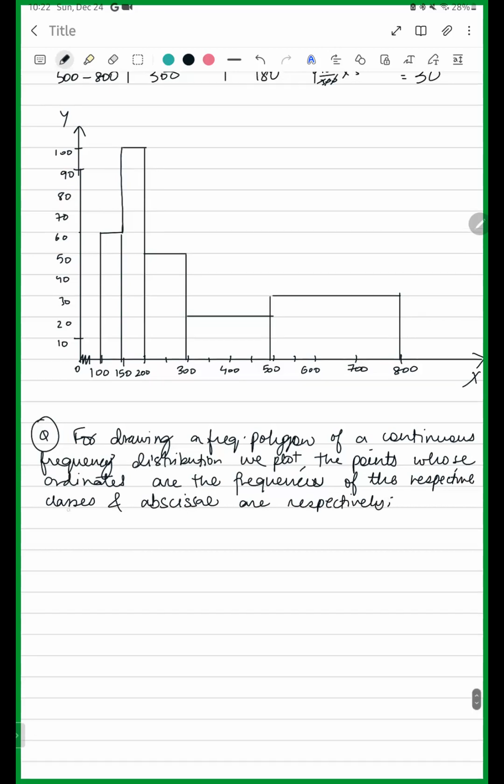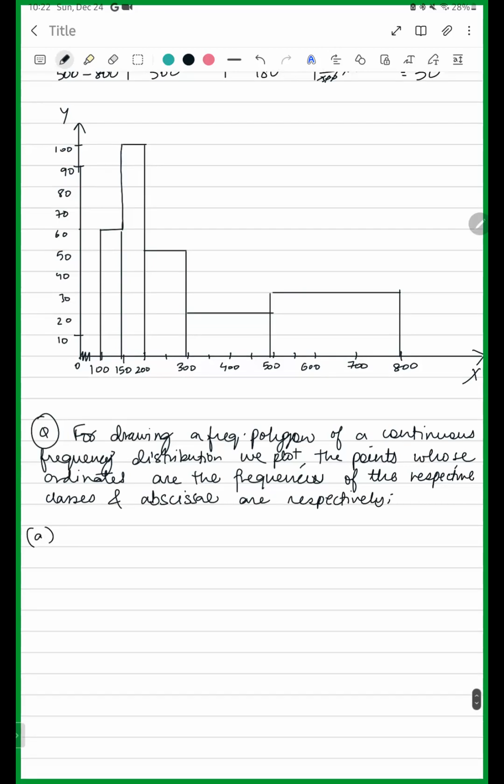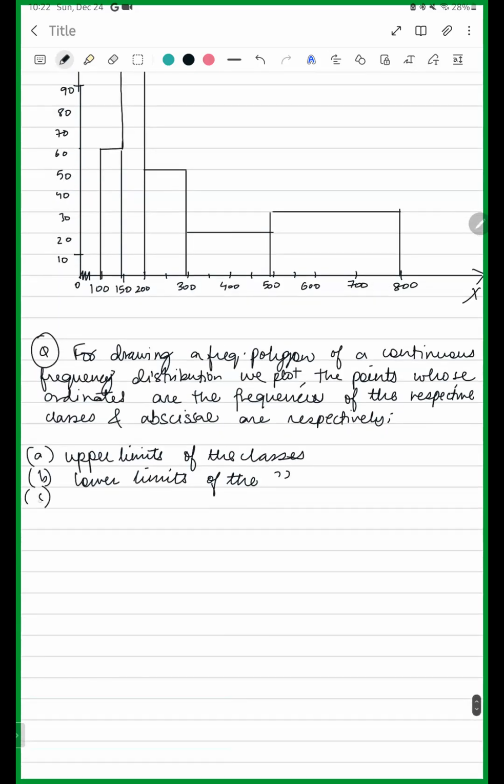The options are: upper limits of the classes, lower limits of the classes, class marks of the classes, or upper limits of the preceding classes.